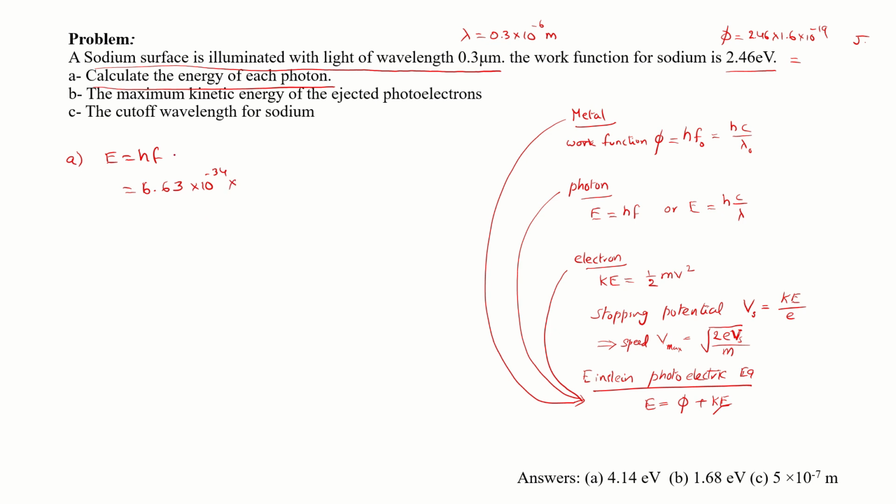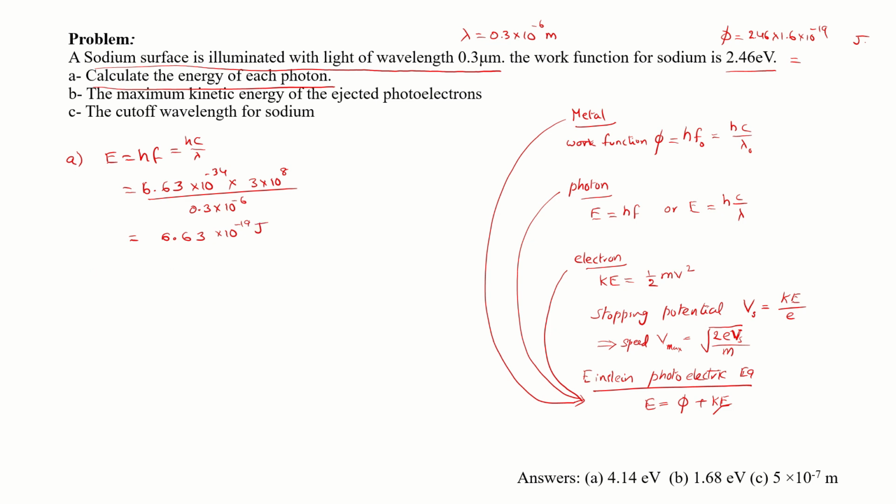Oh, but hf is not useful here, so we will use hc by lambda, where c is the speed of light, 3 into 10 to the power of 8, divided by the given lambda, 0.3 times 10 to the power of minus 6. Let's use the calculator and find the energy. So we got the answer: 6.63 times 10 to the power of minus 19. This is in joule. That's it.